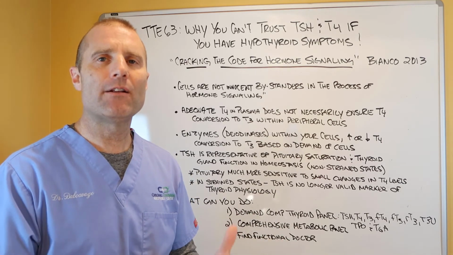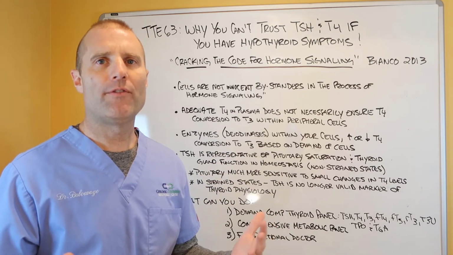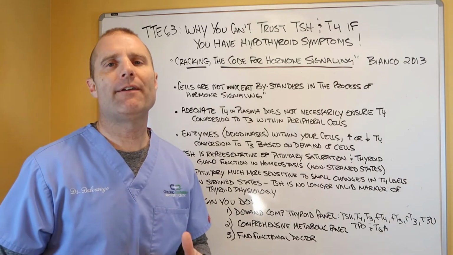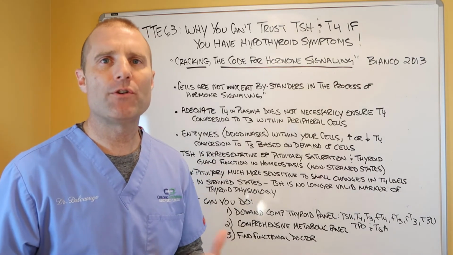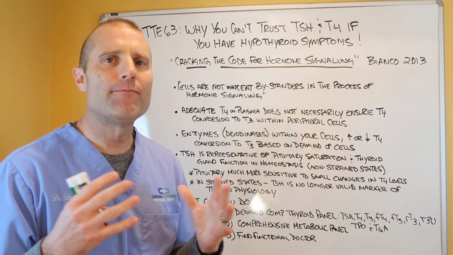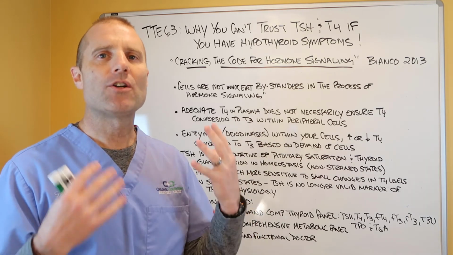So you need to take a look more comprehensively, not just at the thyroid gland, but all of the chemistry of the body. And the third thing you're probably going to have to do is find a functional medicine practitioner like myself, because the medical doctors and endocrinologists have been working with the same model, that it's all about the gland.